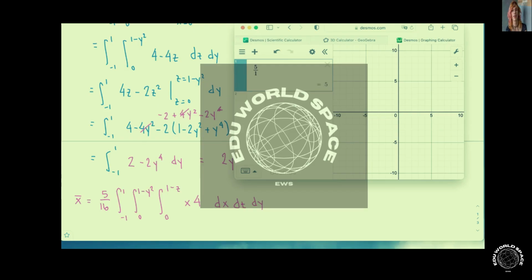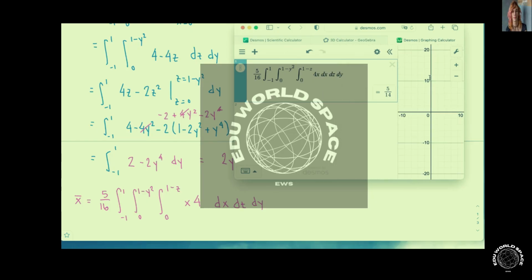That's 5 over 16, integral -1 to 1, integral 0 to 1 minus y squared, integral 0 to 1 minus z of 4x dx dz dy. Got 5 over 14 as our answer.